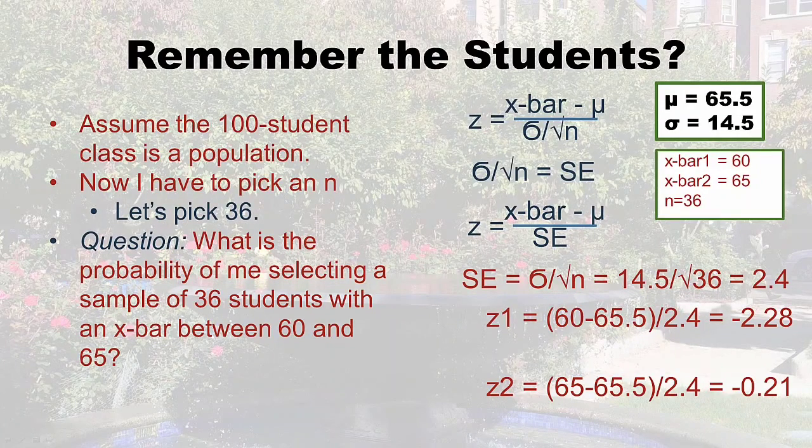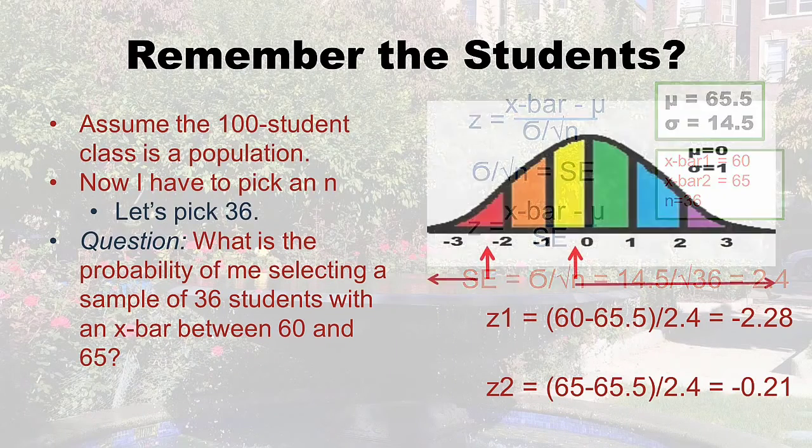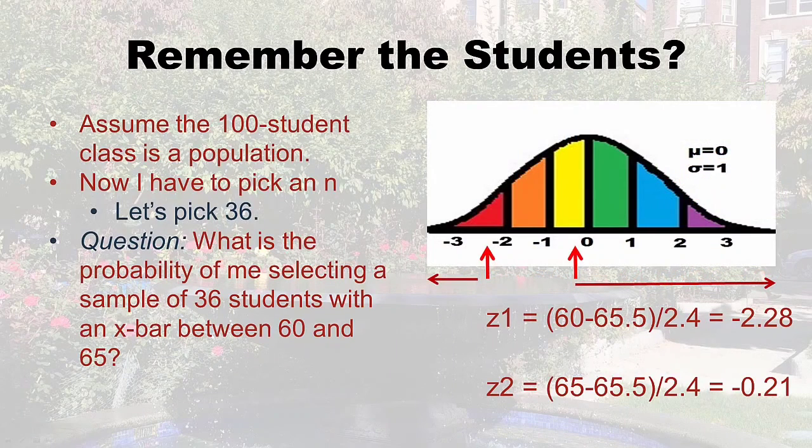Now we have to remind ourselves, what are we doing, right? You see Z1 is at negative 2.28. So that's our little piece at the bottom we're going to want to trim off. And then the big piece at the top for Z2 starts at negative 0.21. Remember, the picture is really helpful.